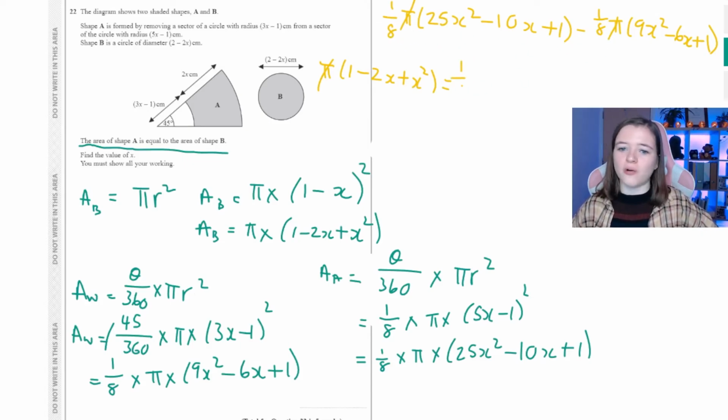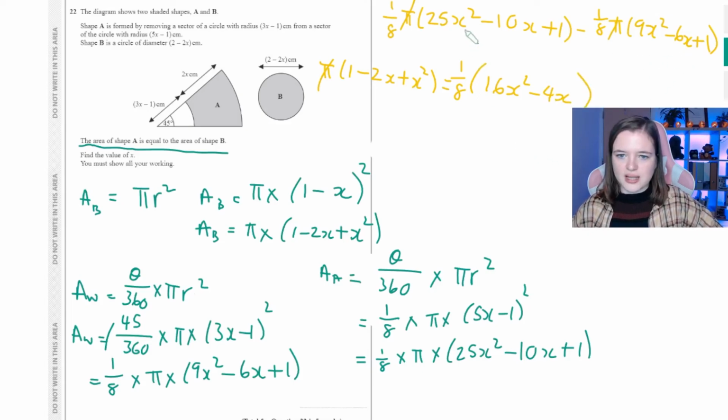Let's just pull 8 out, get it to the side, and then we can deal with these, make it a bit smaller. So let's see, 25 minus 9, that makes 16x squared. And then I've got minus 10 minus minus 6, which is then minus 4x. Then I've got 1 minus 1, which is just nothing.